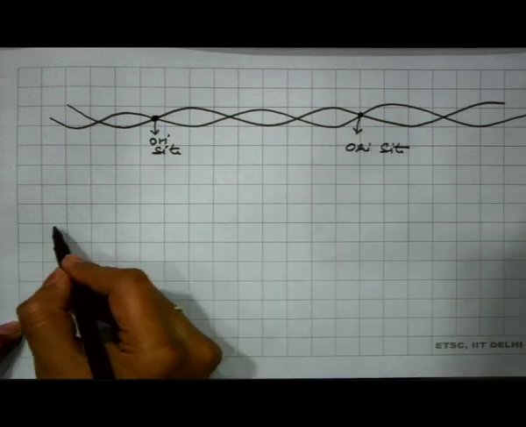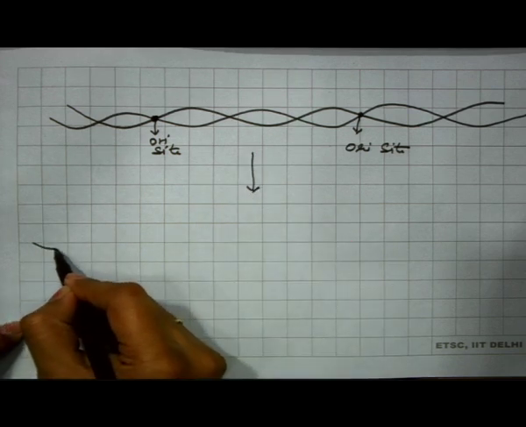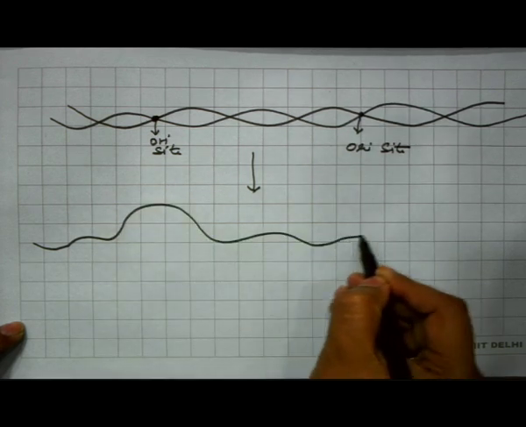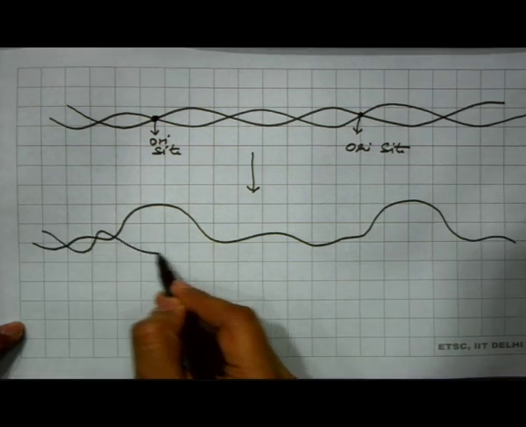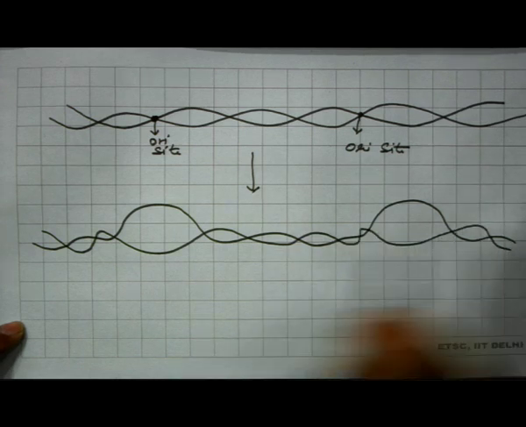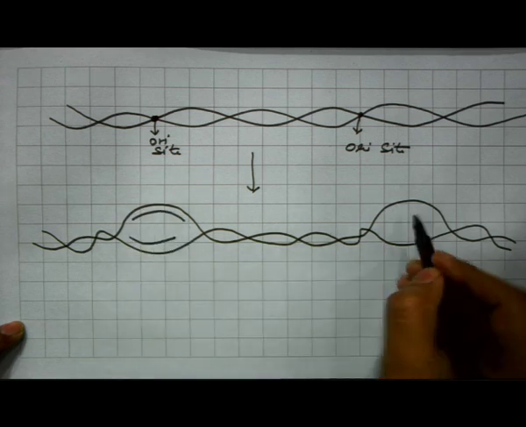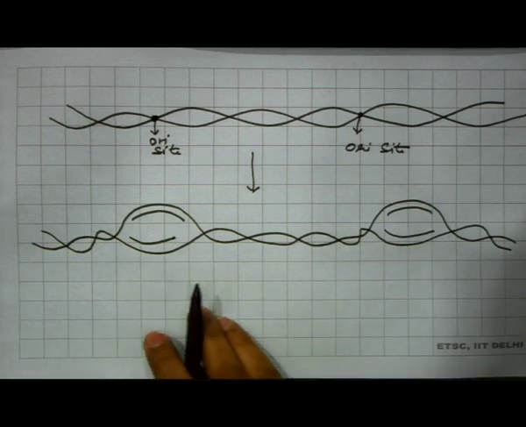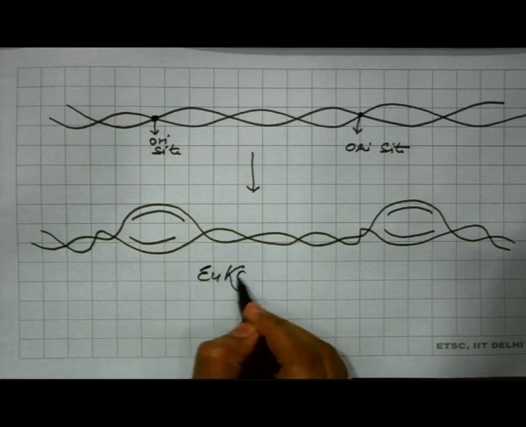So, at both these sites the DNA will get separated like this and the DNA will get replicated at multiple sites. This type of replication mainly occurs in eukaryotes.